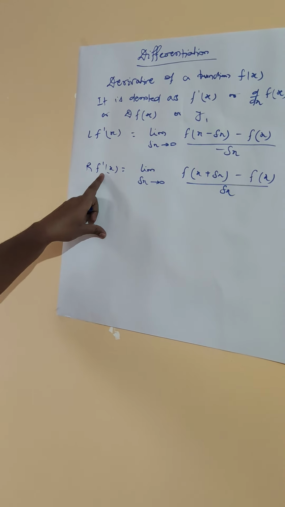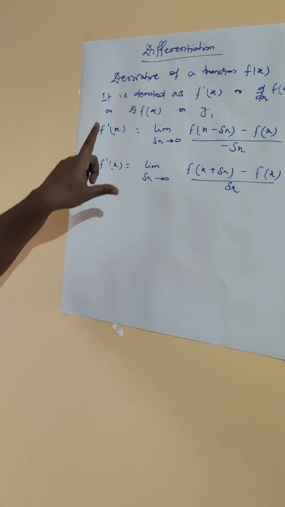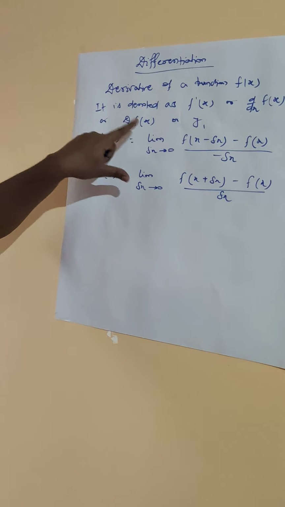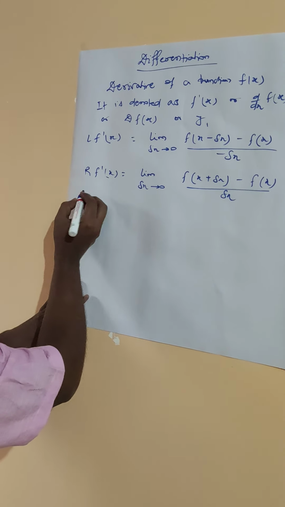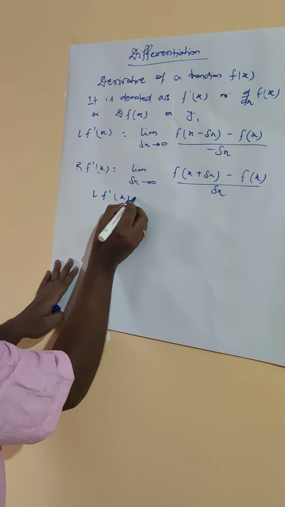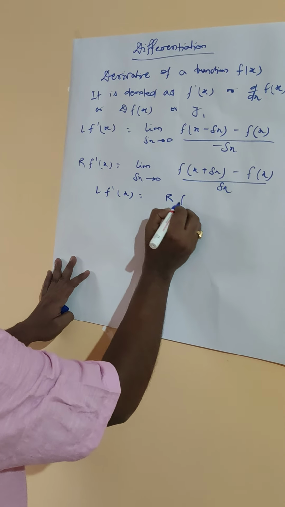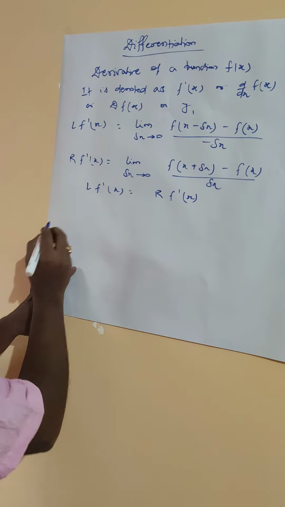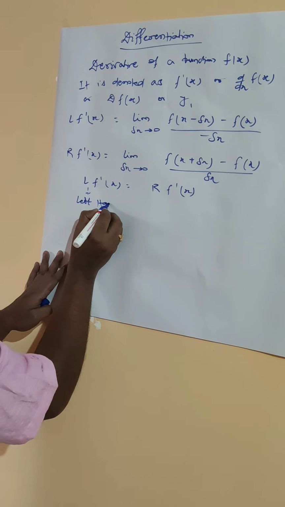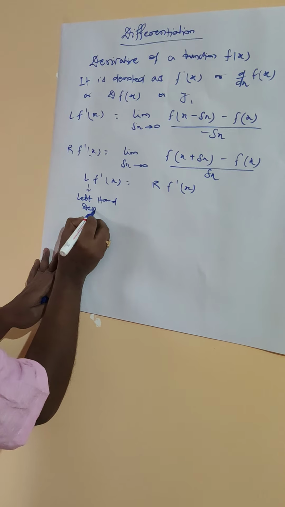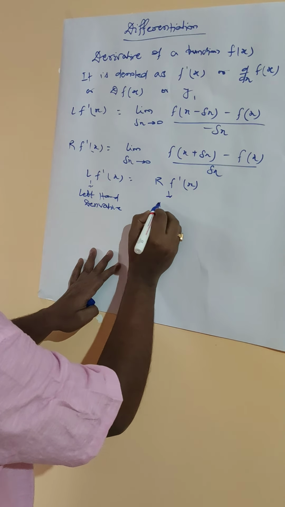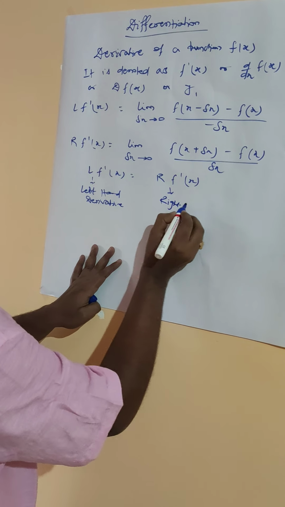The function f of x is differentiable or derivable when the left hand derivative equals the right hand derivative. This is nothing but the left hand derivative and this is the right hand derivative.